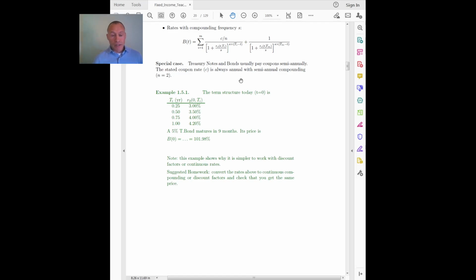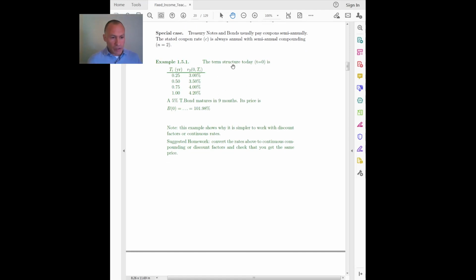So when you're doing exercises in the Veronesi book, if they say compute the price of this treasury bond that pays a 5% coupon, even without saying anything else, you always have to assume that those 5% coupons would be paid in 2 installments per year, so semi-annual compounding. It's always semi-annual compounding for those US treasury notes and bonds.